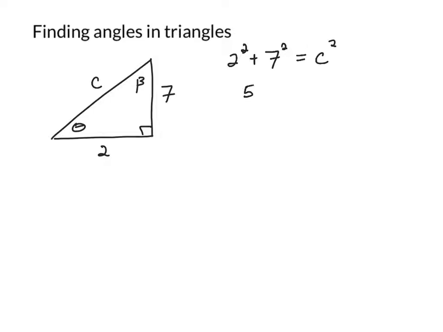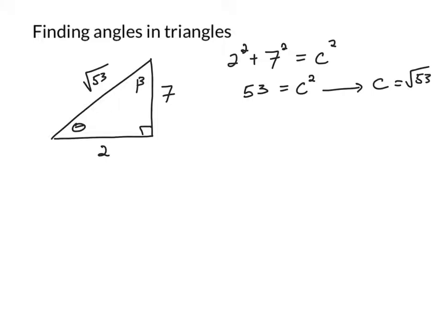So 4 plus 49 is 53, which is equal to c squared. And so I get that c is equal to the square root of 53. Algebraically you would get plus or minus the square root of 53, but since we're talking about a length, this is the positive side of it. Lengths are going to be positive. So I get 2, 7, and then my hypotenuse is the square root of 53.